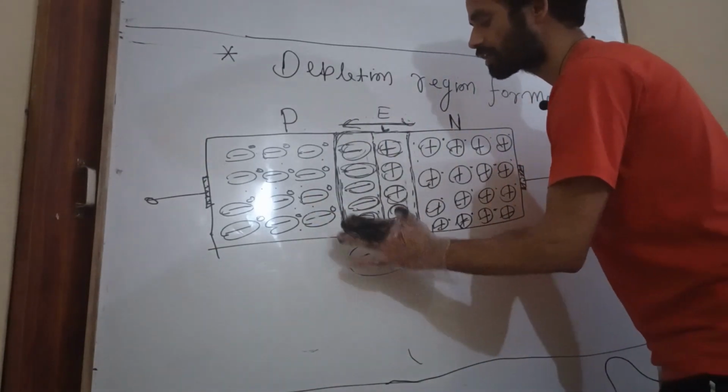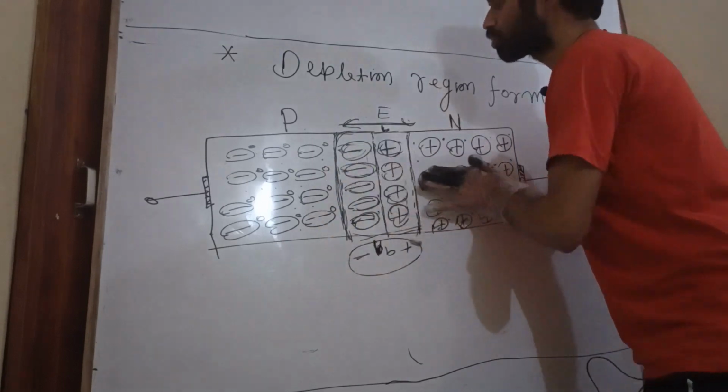Ultimately, it will limit the diffusion current through this junction.